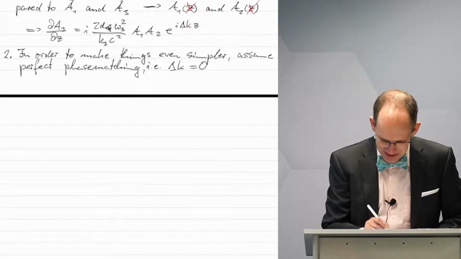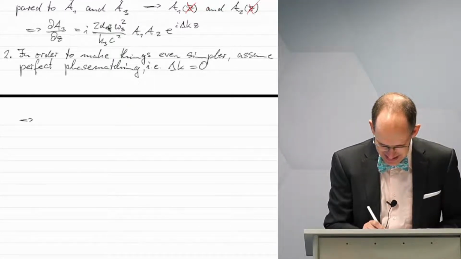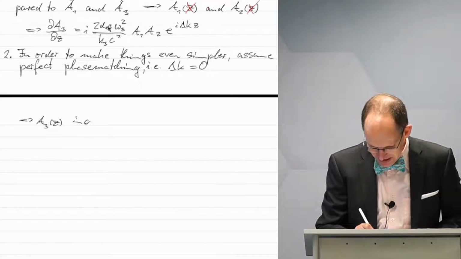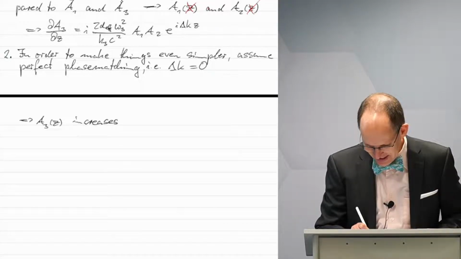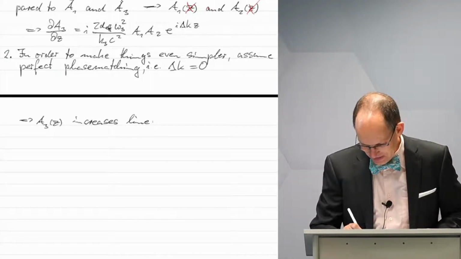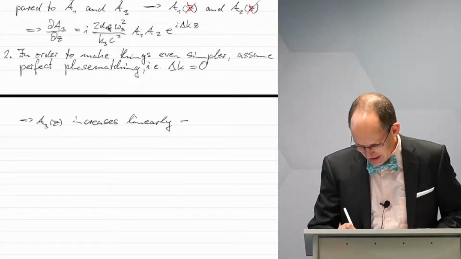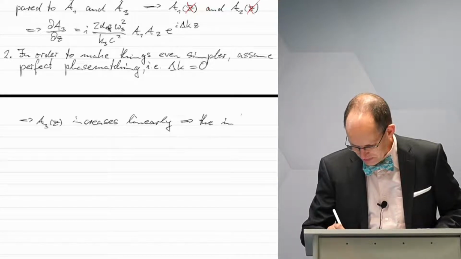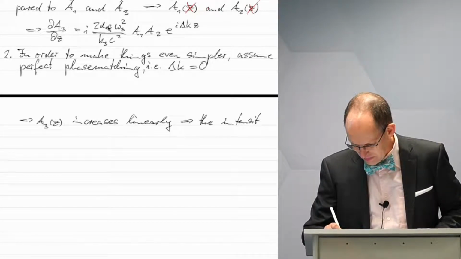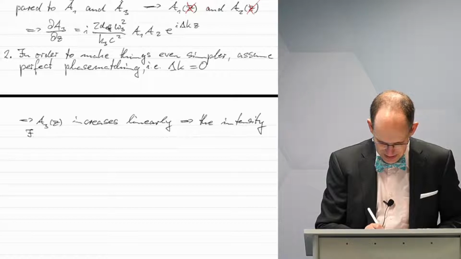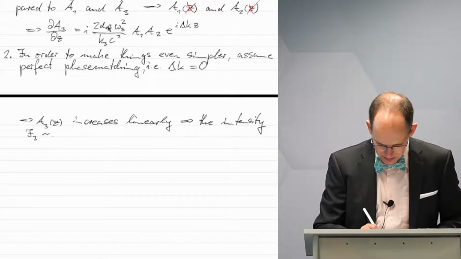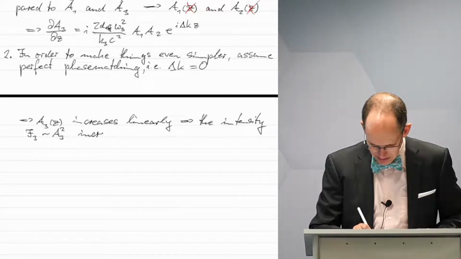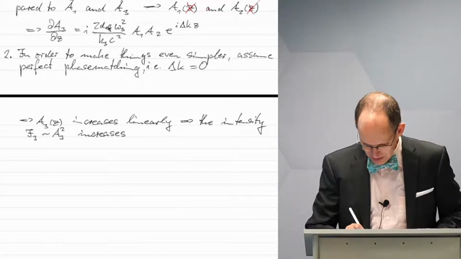Okay, so what we then get is that A3 of Z increases linearly. And this means the intensity I3, which is proportional to A3 squared, increases quadratically.